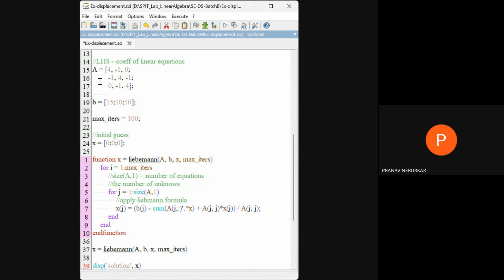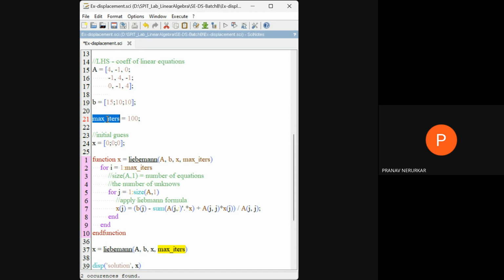So in summary, we have a matrix A. We have a vector B. The matrix, it has the coefficient of linear equations. The vector has the right hand side, which is the solutions. We have to decide max iterations.